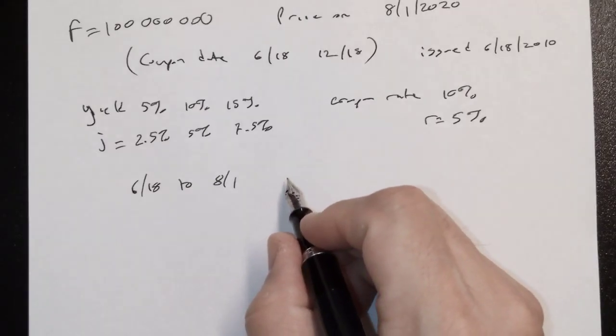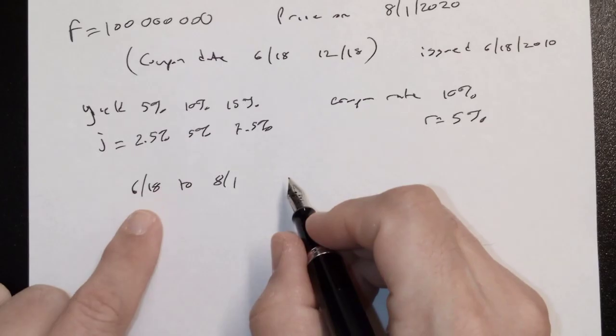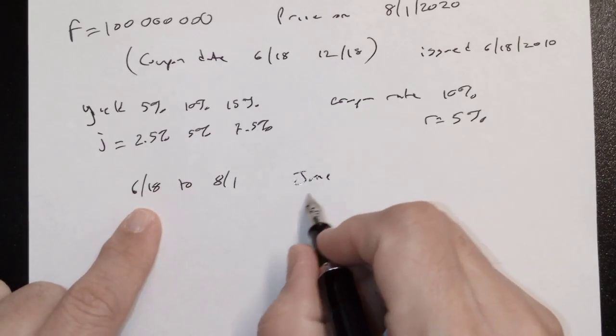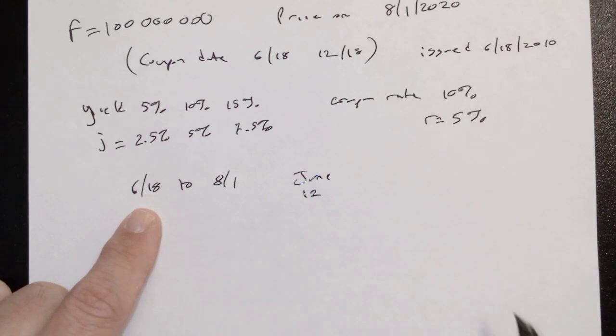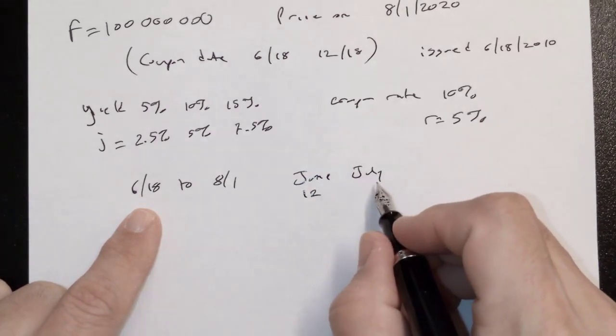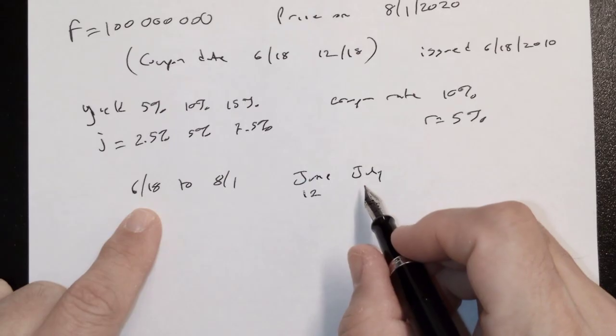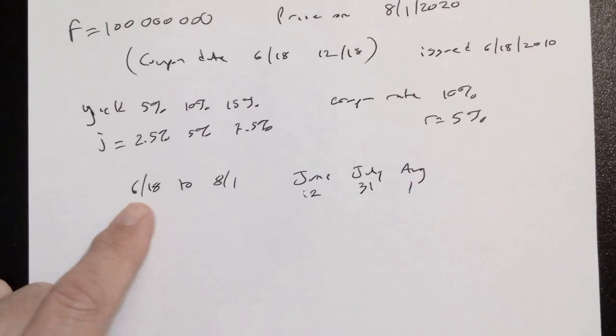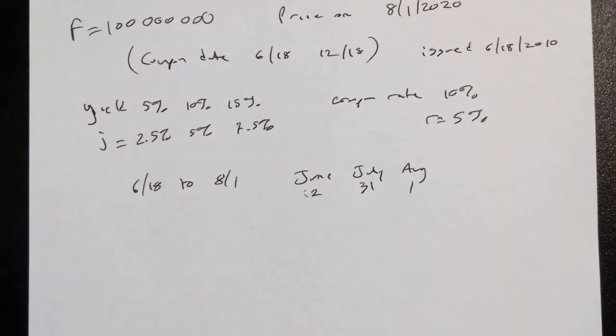There are 30 days in June, right? But I only had 12 of them here because I started on the 18th. July has 31 days. And then in August, I have 1 day. That's 44 days.